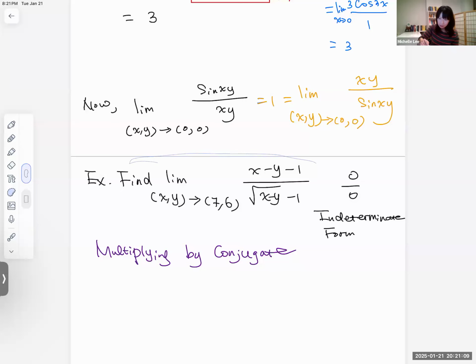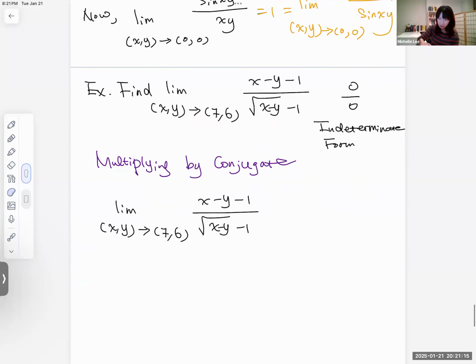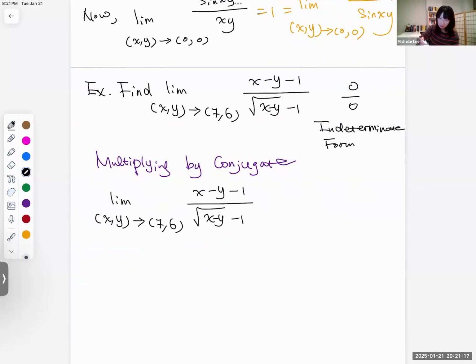So we have this. This is the last question, so hang in there. Conjugate means we have the same format except the opposite sign.